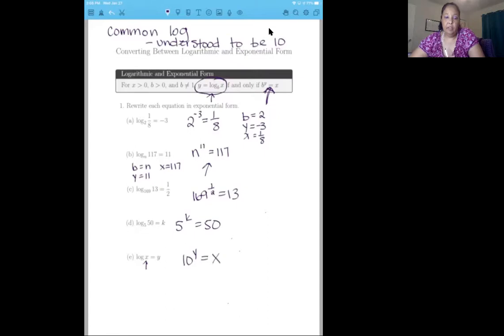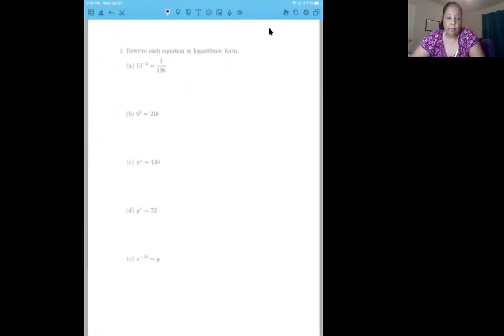All right, so this was logarithmic form into exponential form. Now let's take exponential form into logarithmic form. In this case, my base is 14, my y equals -2, and my x equals 1/196.